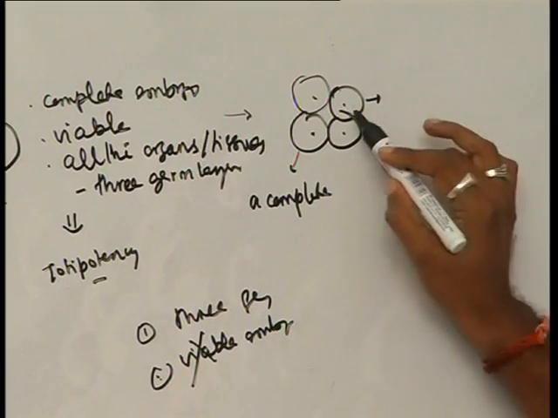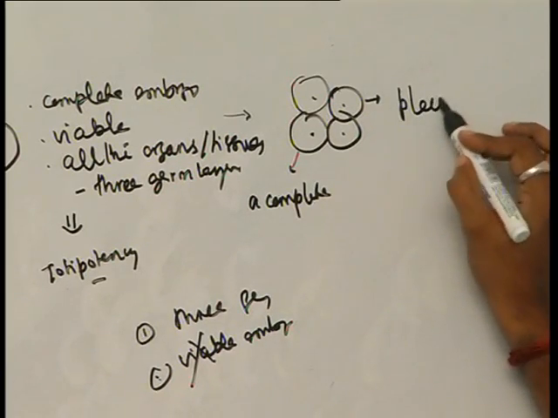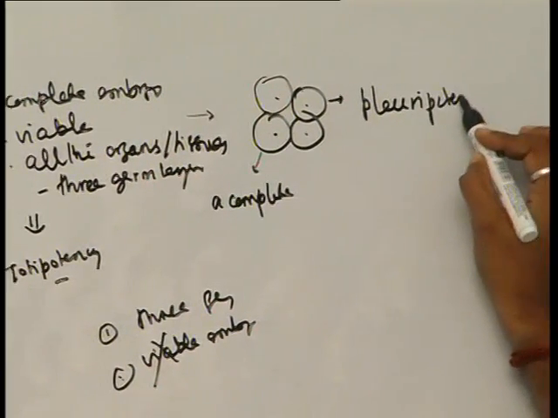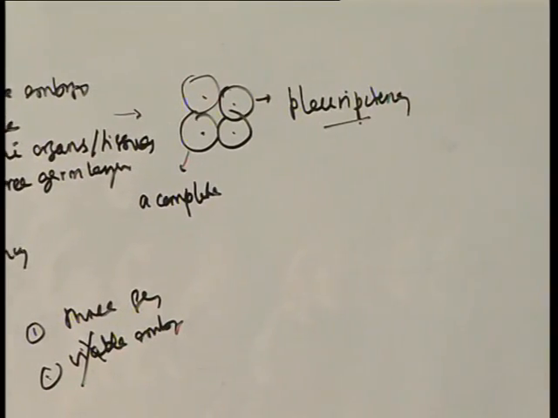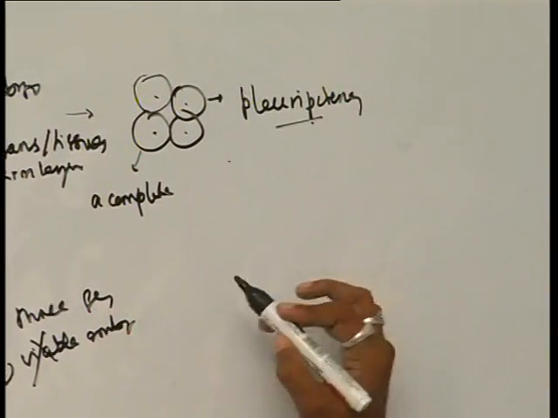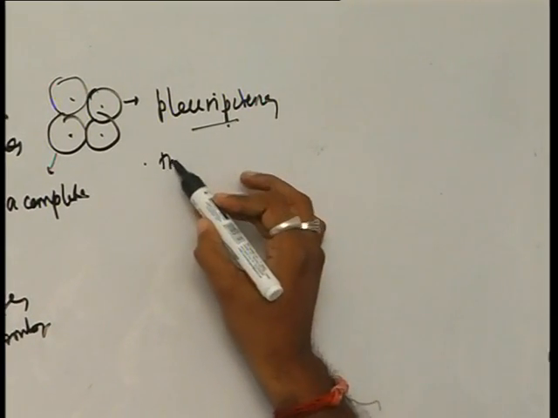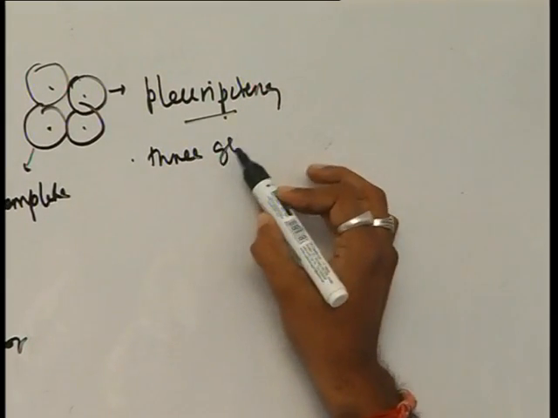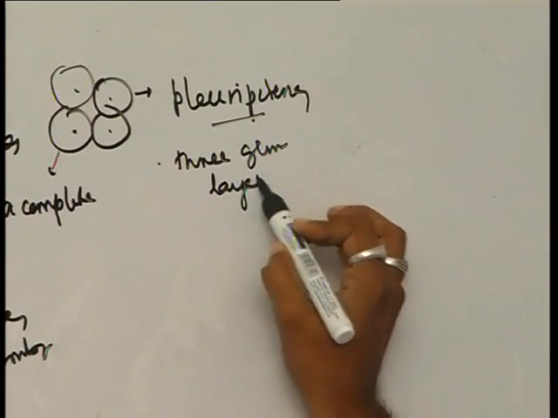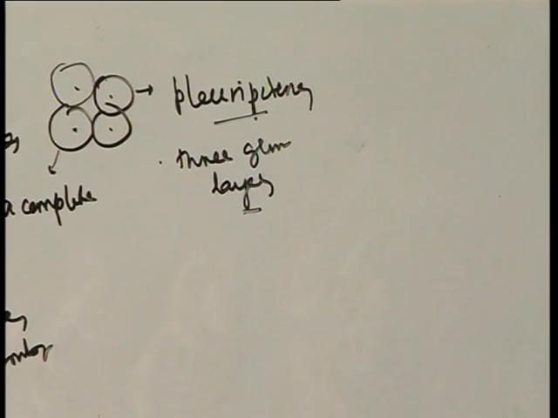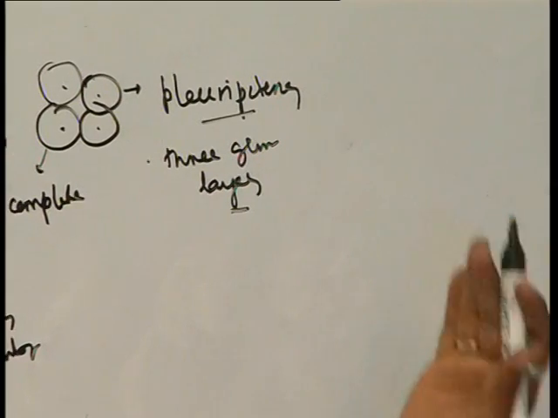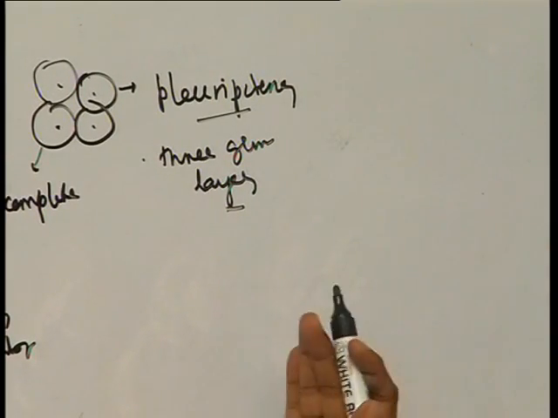So now the cells are said to be pluripotent. What do you mean by pluripotency? The ability to form tissues, organs and cells of the 3 germ layers, but it cannot form a viable embryo. This is called pluripotency or pluripotent ability.